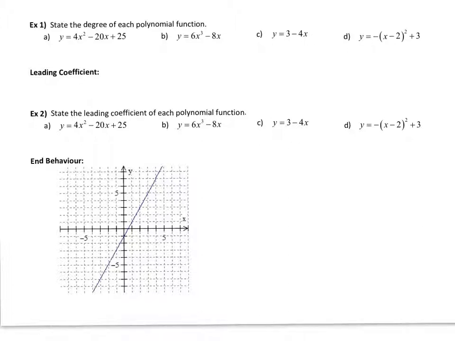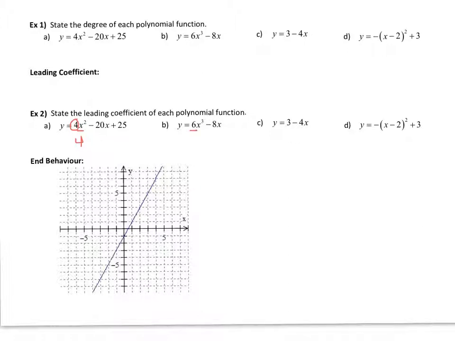Okay, the number in front of the highest power of x. So if I look at my example 2 here, my highest power of x is x squared. The 4 is our leading coefficient. Okay, and that's why we stress the leading coefficient will tell us some things about our polynomial function, and that's why we talk about putting it, when we write our equations, putting them in descending powers of x.